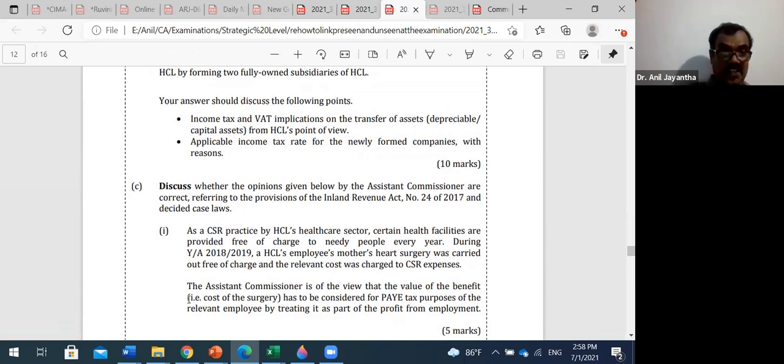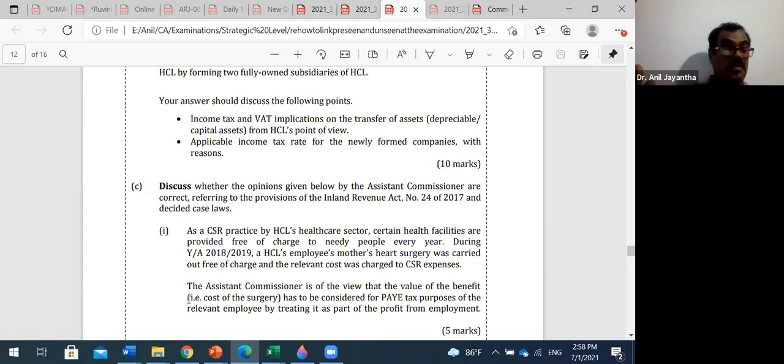So you have to highlight the points given by the assistant commissioner and the knowledge that you have. The final argument in this particular discussion is not to win over the assistant commissioner, but to show professionalism and compliance with the guidelines and the provisions given in the Act.